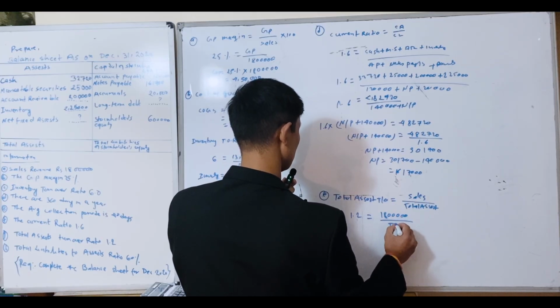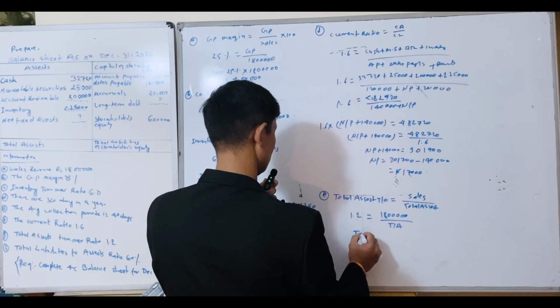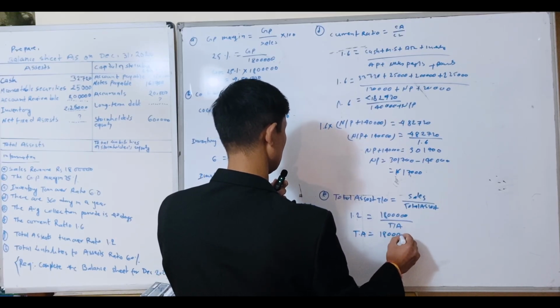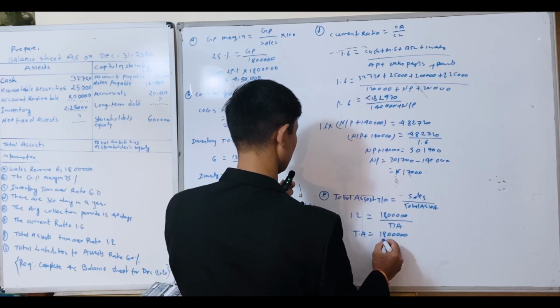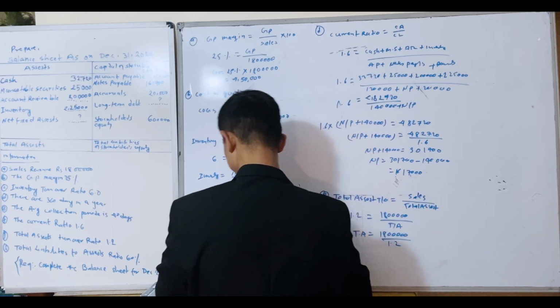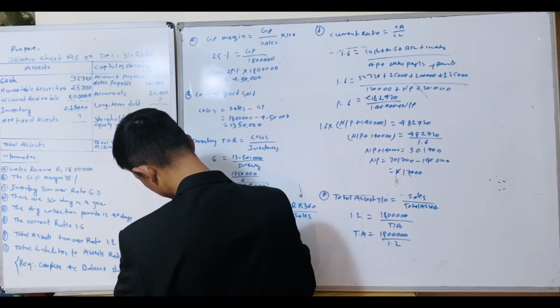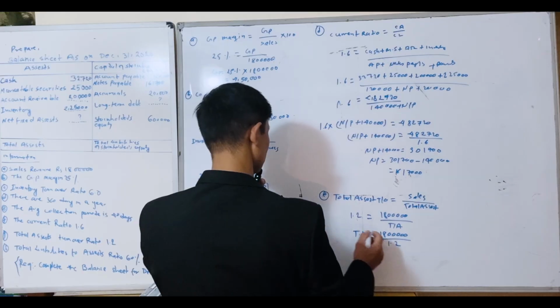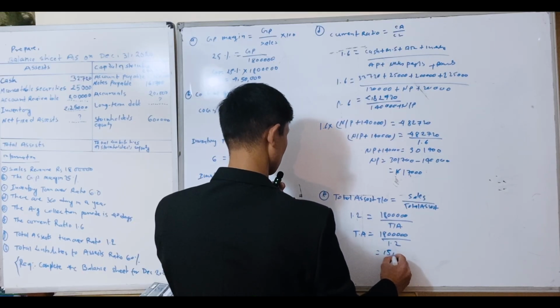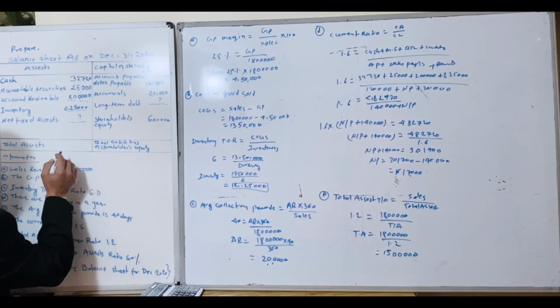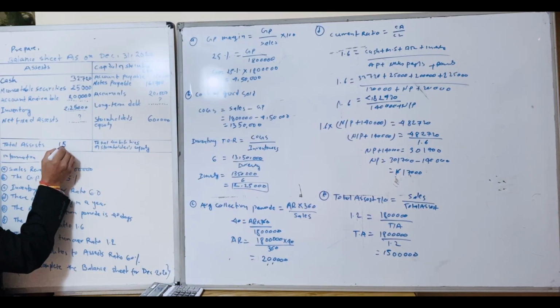Total assets in this way we get total assets is equal to 18 lakh divided by 1.2. We get 15 lakh as a total assets. Total assets we find out here is a 15 lakh.